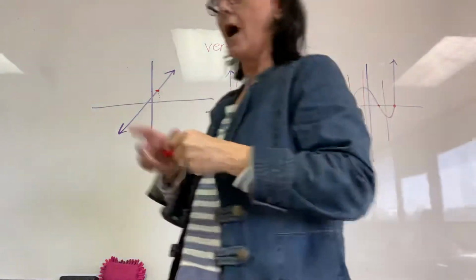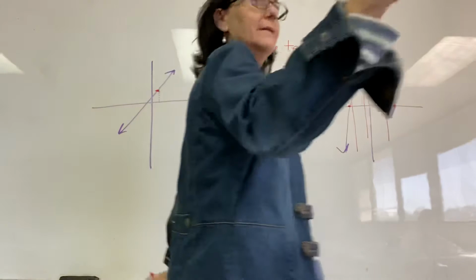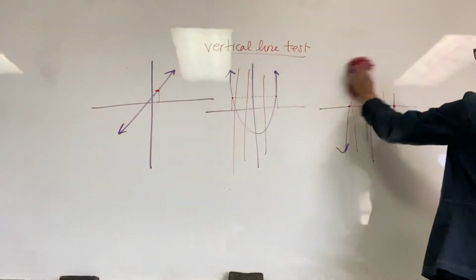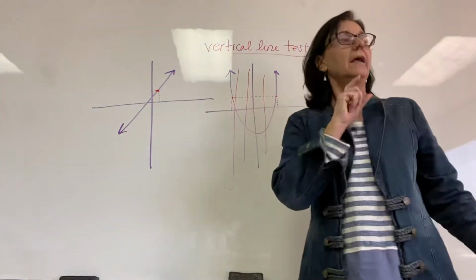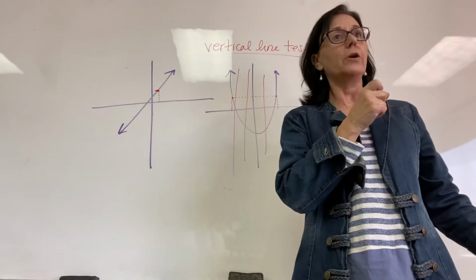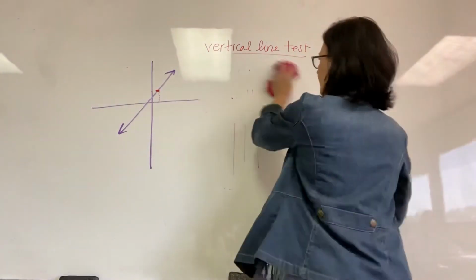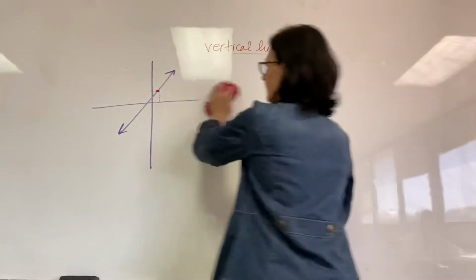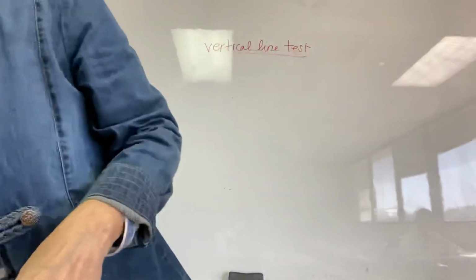Let me show you what would not be a function. Well, most of the time in math, we're not graphing squares, we're graphing curves. Okay? All right, so you know some examples, though, you can imagine.